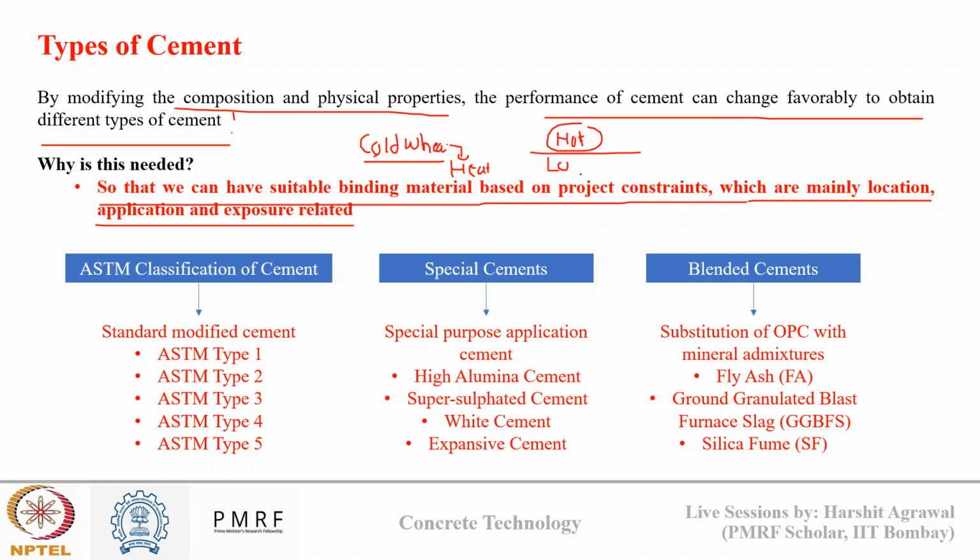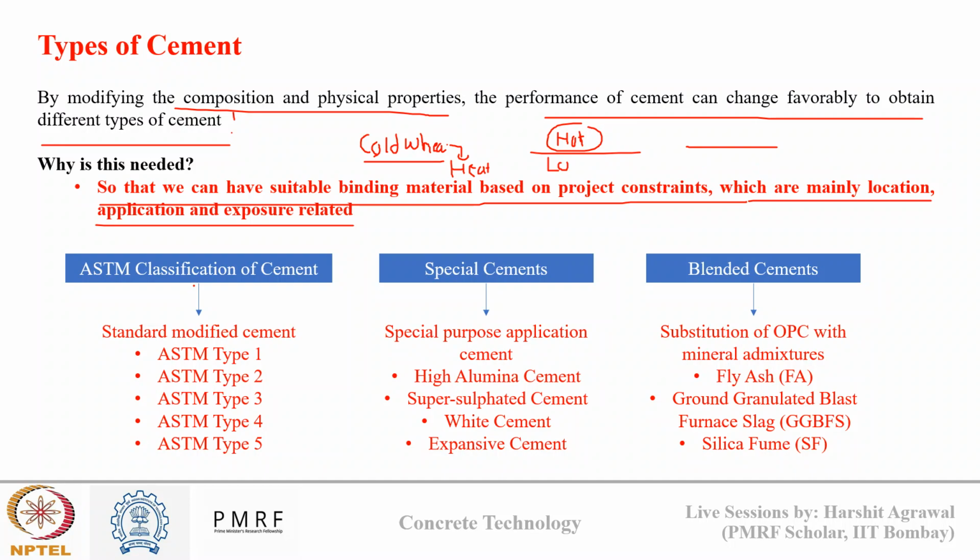Or there are cases when we have exposure to a sewage line, where there is a lot of sulfate in the atmosphere, so we want a cement which is resistant to sulfate attack. So for different types of exposure environment or location, we may need different types of binding material. That's why we study different types of cement.